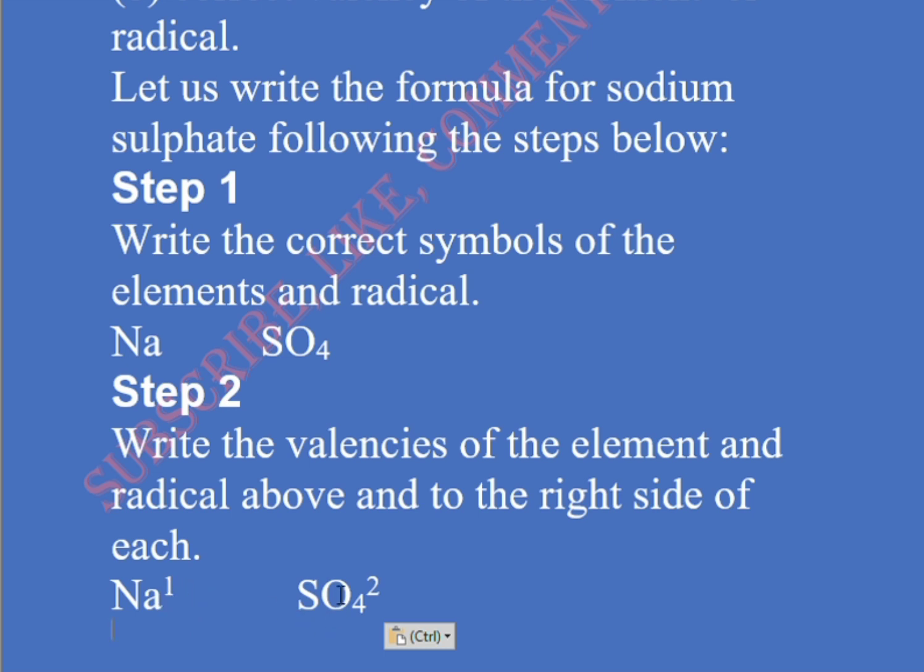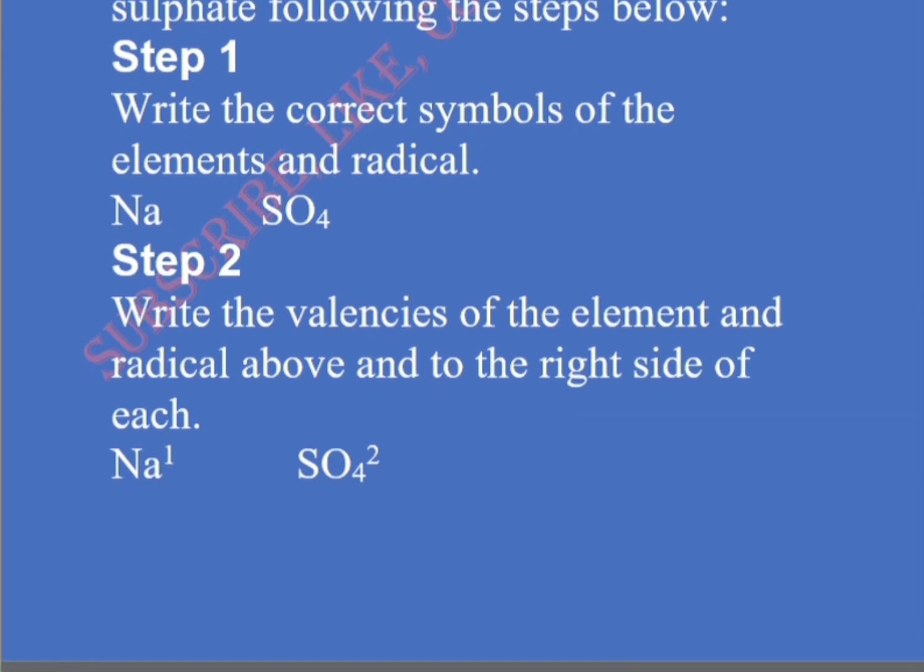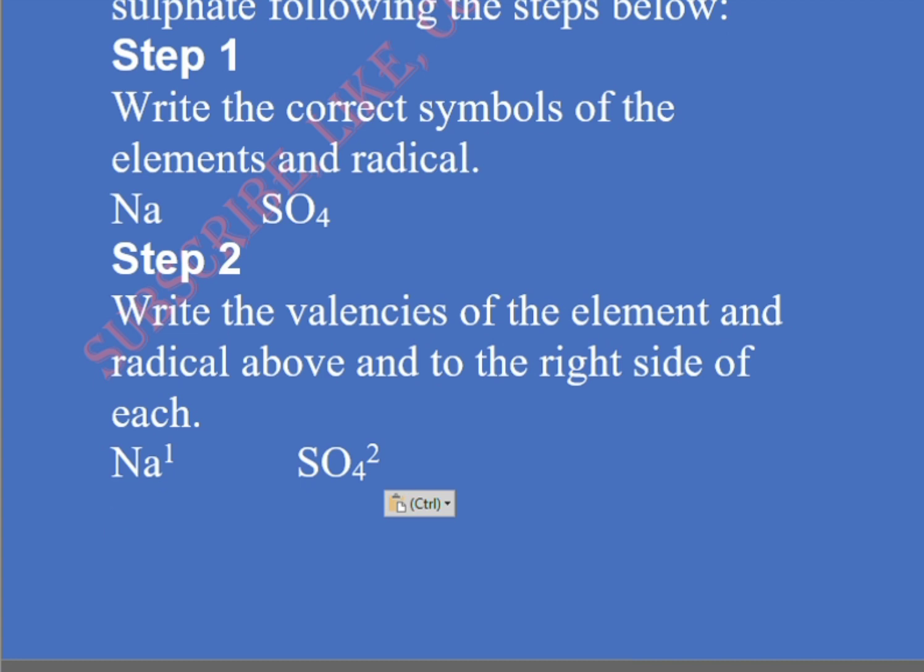Then step 2: write the valencies of the element and radical above and to the right of each. We are writing the valency as a superscript on the right side of each.